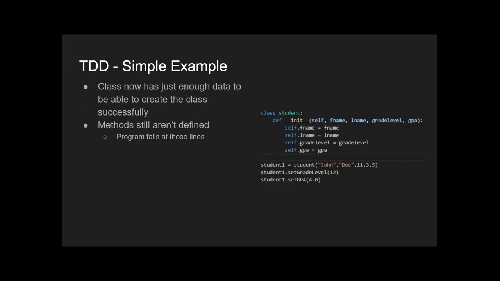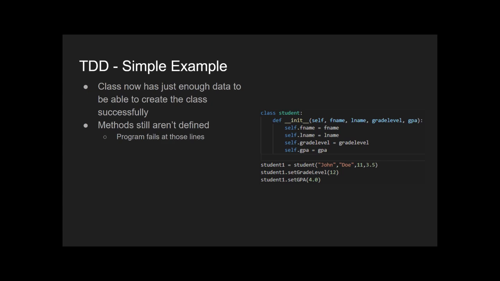So the next step is to add functional code. Here, we have defined the student class with attributes first name, last name, grade level, and grade point average. Following along to one of our goals, we can now create a student object.